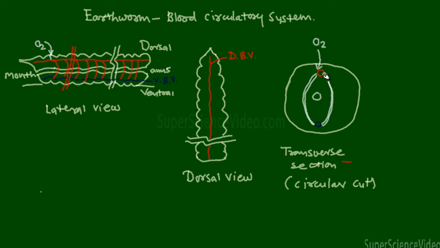So atmospheric oxygen firstly enter into DBV, and by then using lateral hearts it run to the ventral part of the body. This is the main circulatory system: dorsal blood vessel, ventral blood vessel, and heart generally are provided with network of blood capillaries.